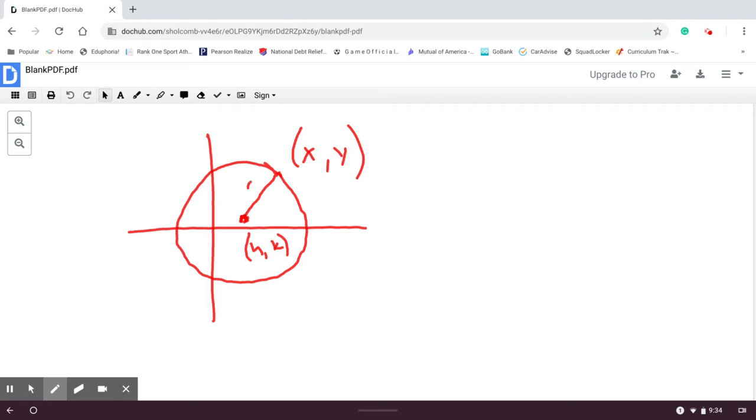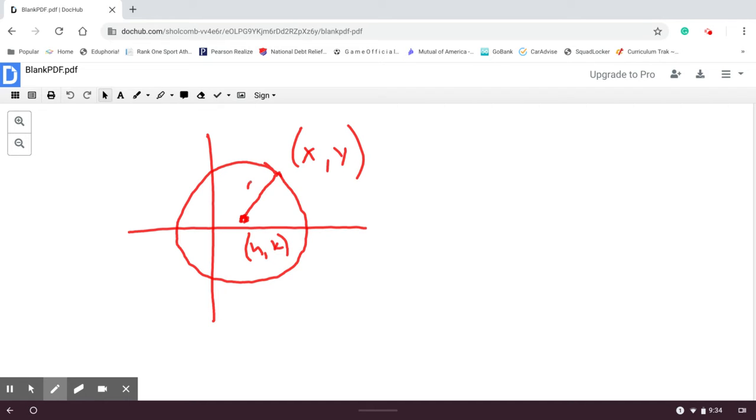Basically, you take a part of the distance formula and start substituting in and do some completing the square and all that kind of stuff. What you end up with, though, is the standard form of the equation of a circle.